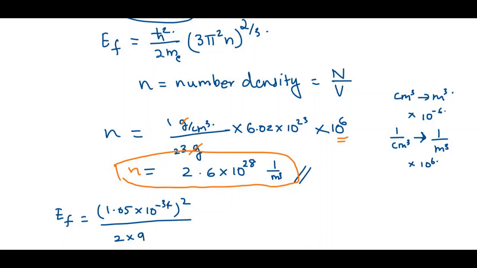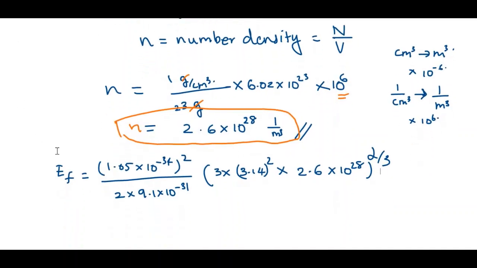Mass of electron is 9.1 × 10^-31. This into (3 × 3.14² × n), n value is 2.6 × 10^28, this all raised to 2/3.